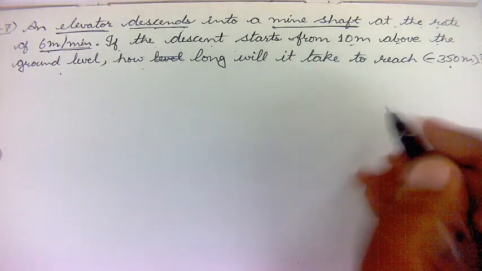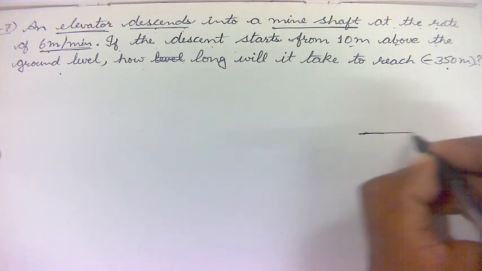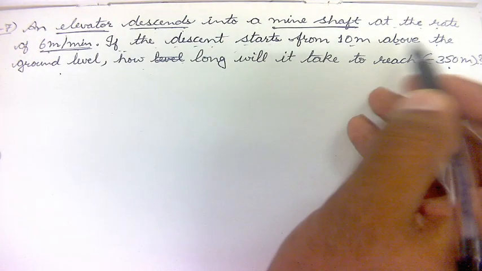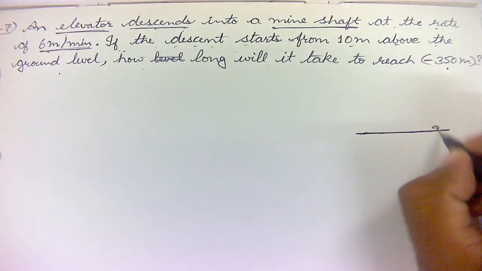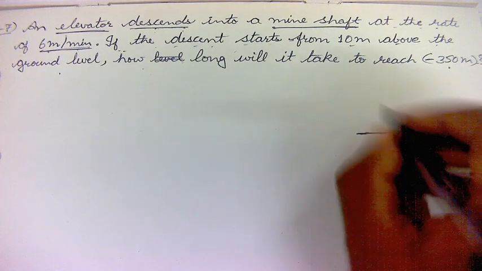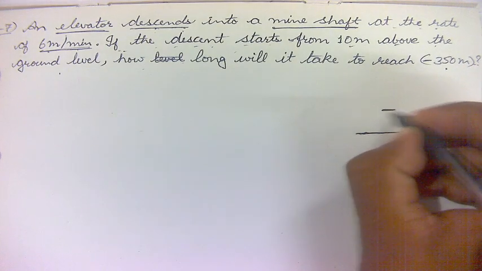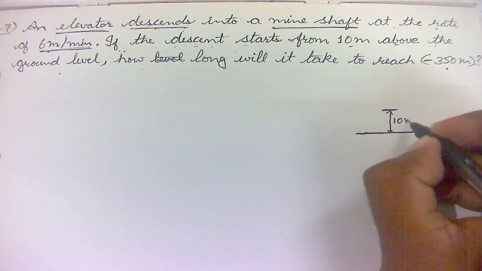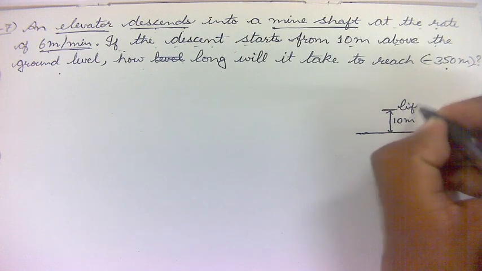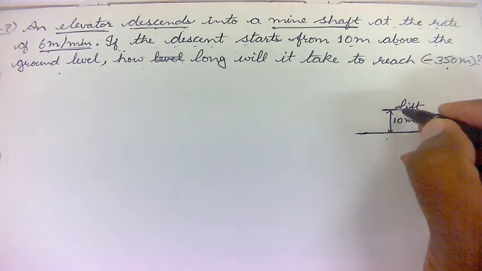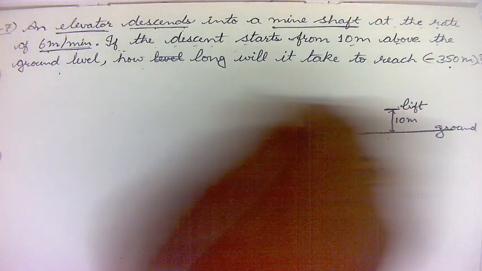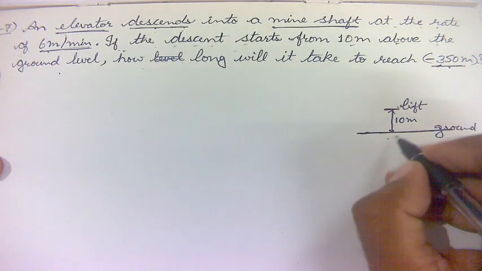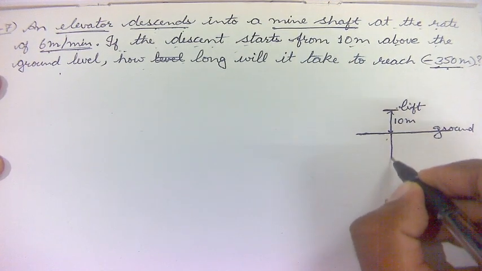-350 meters? Now suppose this is the ground level. This is the ground. And they say that if the descent starts 10 meters above the ground level, the lift starts from 10 meters above the ground level. From here the lift starts, which is at a height of 10 meters from the ground, and it goes to -350 meters. -350 means it goes below the ground level.